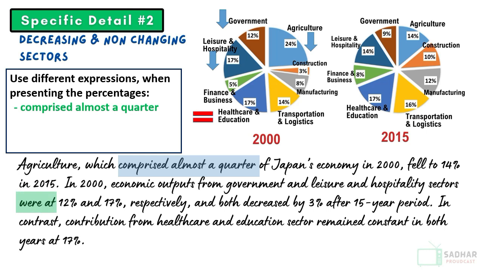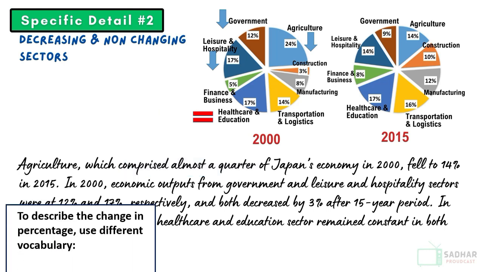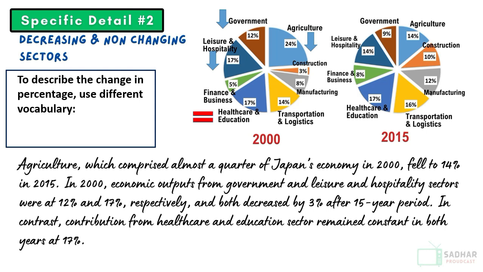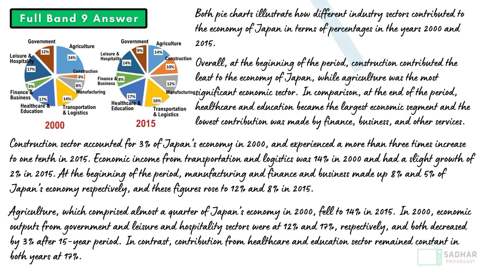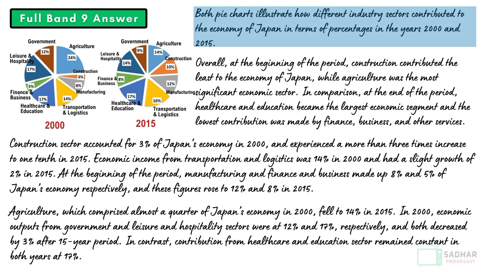The next expression is simply to be, were, or were at 12% and 17%. And then to describe the change in percentage, use different vocabulary. Over there I put fell to 14%, and then decreased by 3%. That's it. So everything is done.